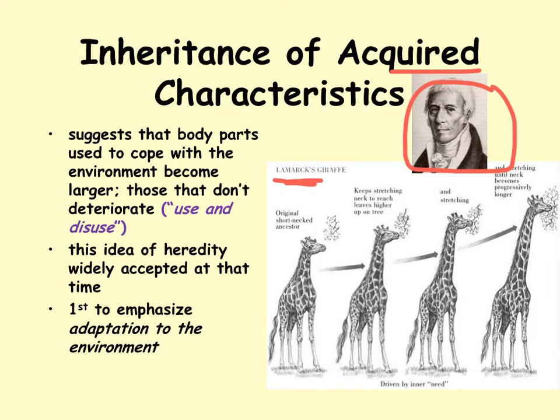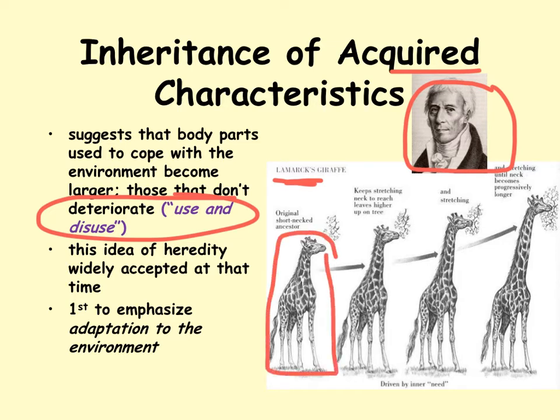So he talked about the concept of use and disuse. He explained a giraffe's long neck by one individual of the family tree stretching up to get more leaves, and the next generation more leaves and more stretching, and eventually a giraffe acquired a longer neck over generations.